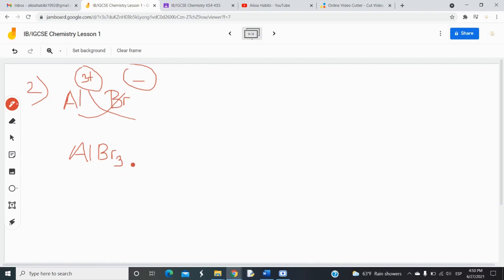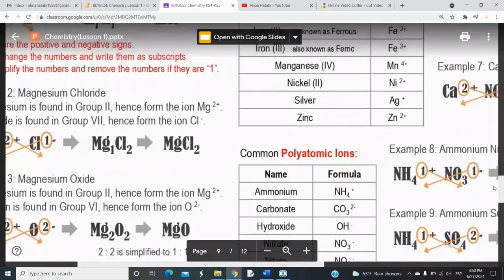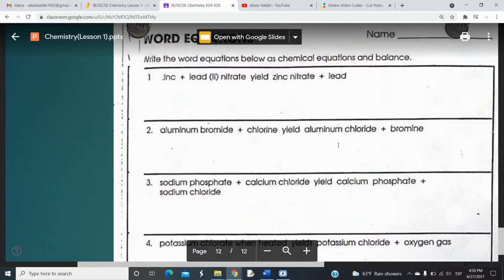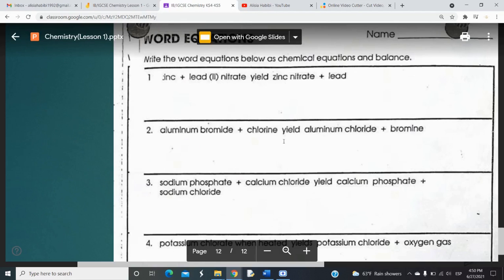So the formula for aluminum bromide is AlBr3. Now, according to the word equation worksheet, aluminum bromide reacts with chlorine to yield aluminum chloride. Chlorine is Cl2. We don't write it as Cl, we always write it as Cl2.